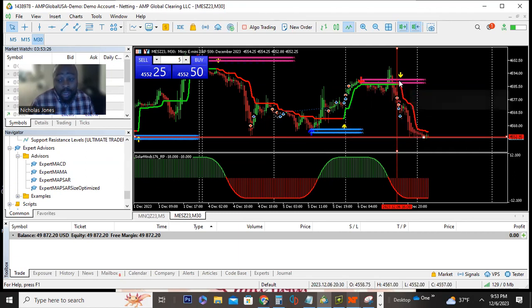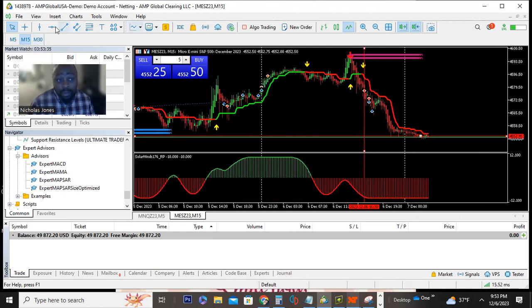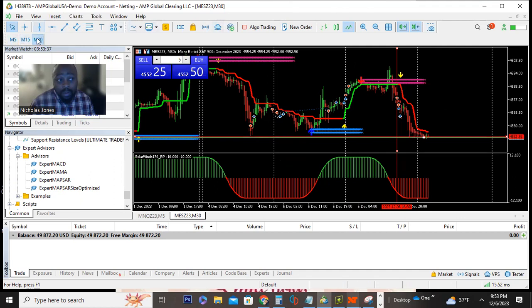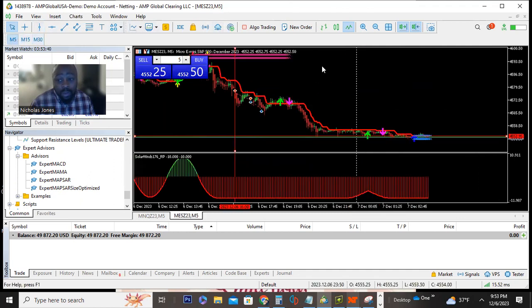Now, look here, when the resistance came, all three time frames were on resistance. 1, 2, 3. They were all in a sell. The solar wind was below the point here in red.